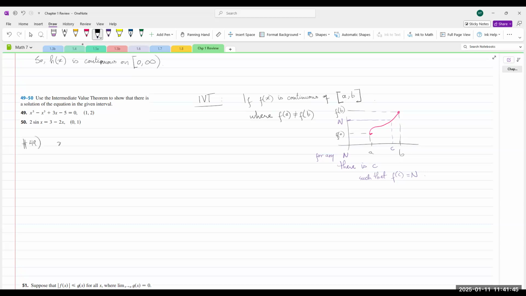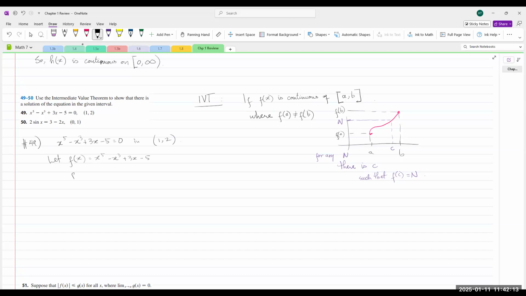Okay, we have x to the fifth minus x cubed plus 3x minus 5 equals 0 in the open interval (1, 2). Okay, let's define this first. Let f(x) equal the function x to the fifth minus x cubed plus 3x minus 5.